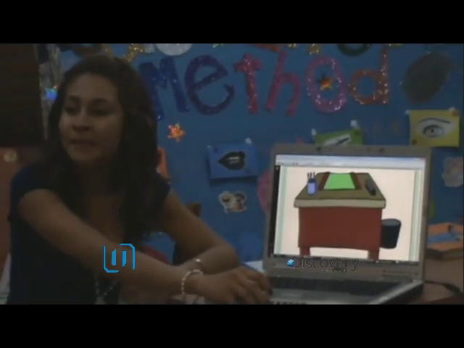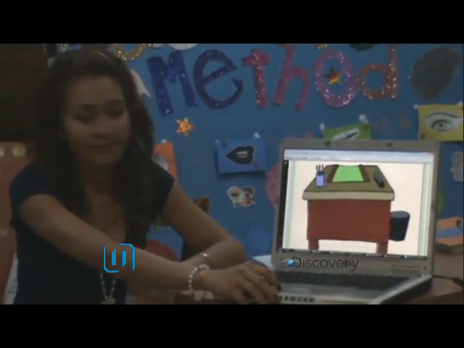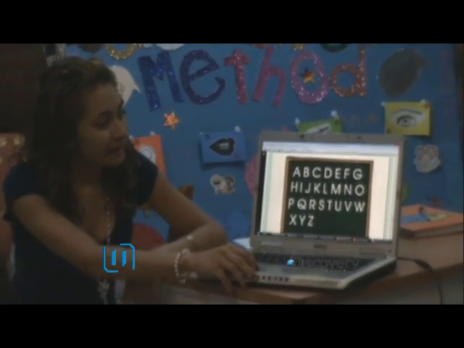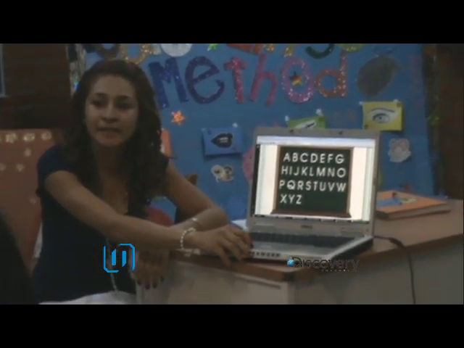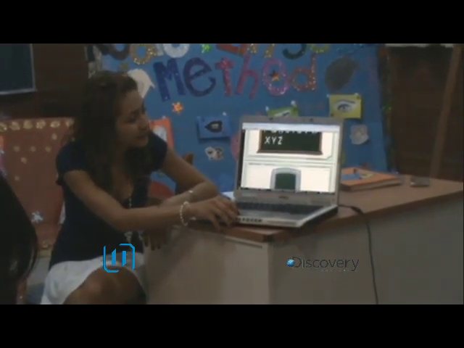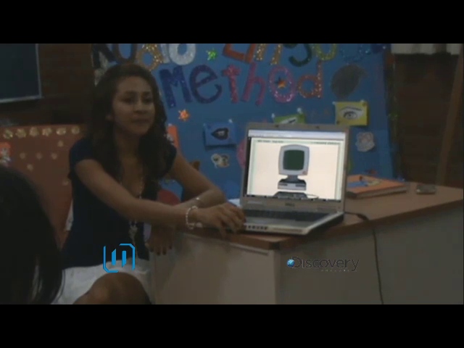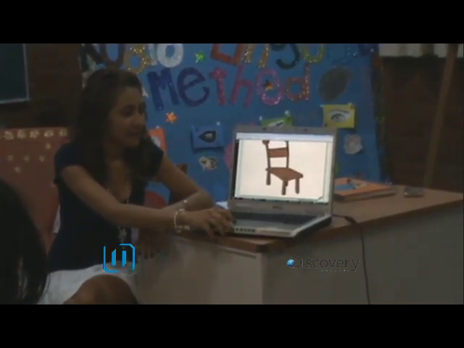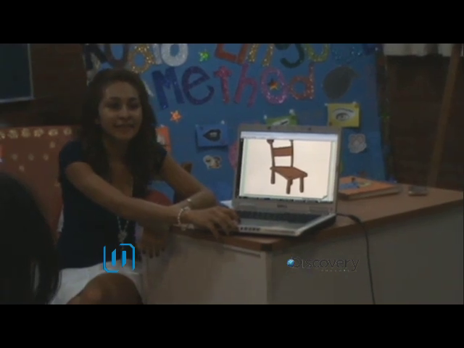Okay. Mom, please tell me. It's a mask. Okay. Azucena, please tell me what is this? It's a blackboard. Okay. Everybody? It's a computer. Computer. What is this? It's a chair.